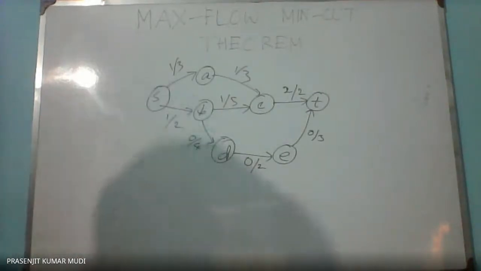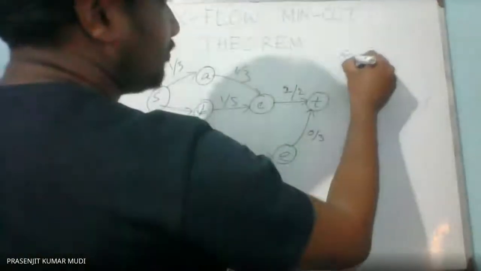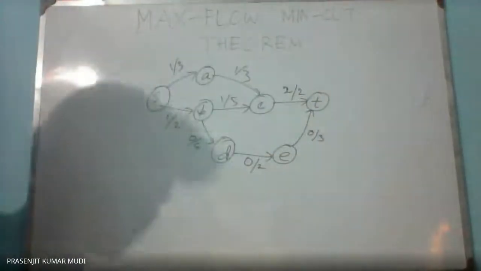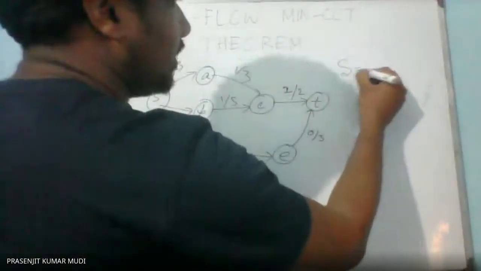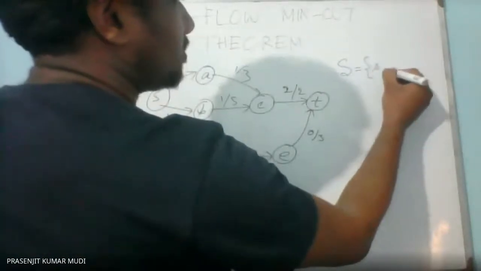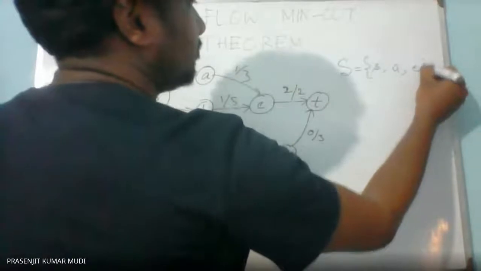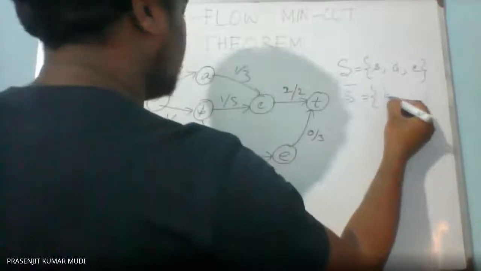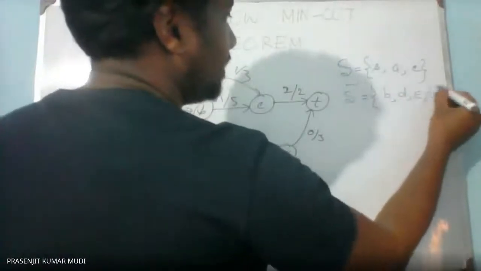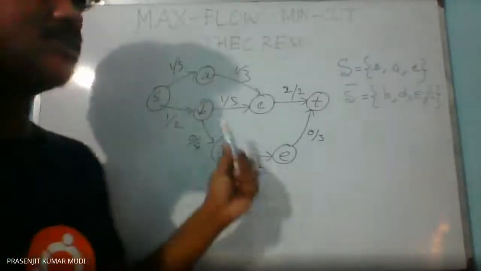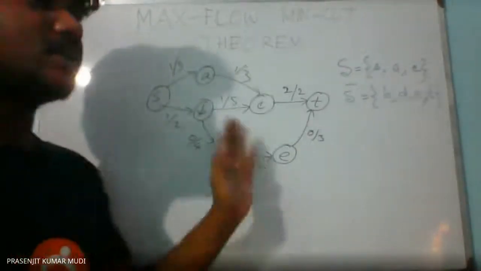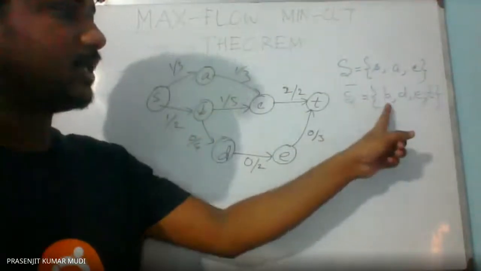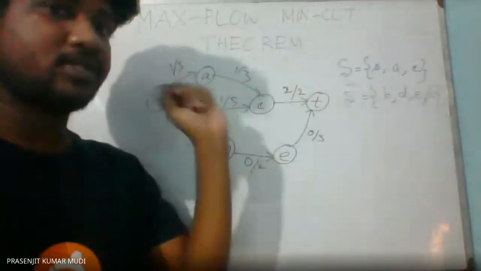like this one. Let's say we want a subgraph of which vertex set, okay, S is, let's say, small s, A and C. So S bar or S complement will be the remaining vertices B, D, E and T. So if I want to partition this graph into two subgraphs such that one subgraph has the vertex set S, A, C, and the other has the vertex set B, D, E, T, these two have to be disjoint.